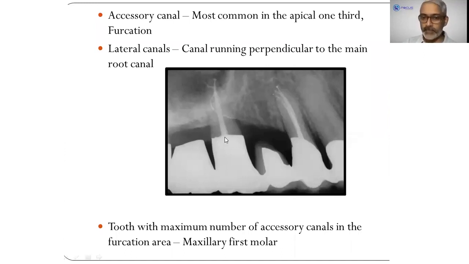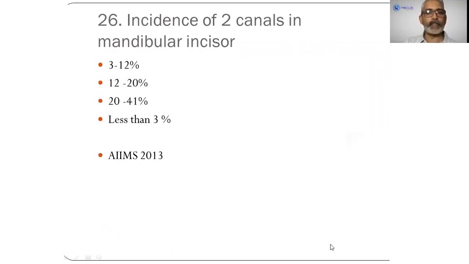Suppose if there is a canal which runs 90 degrees or perpendicular to the main canal, which is wide enough, thick enough, then you call it as a lateral canal. Accessory canals are thin canals. The tooth with maximum number of accessory canals in the bifurcation area is the maxillary first molar.